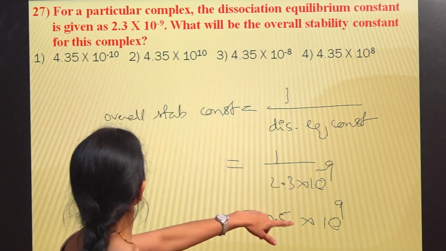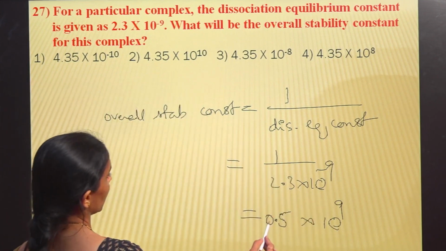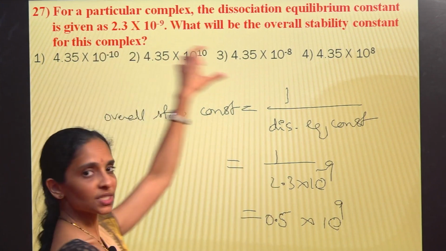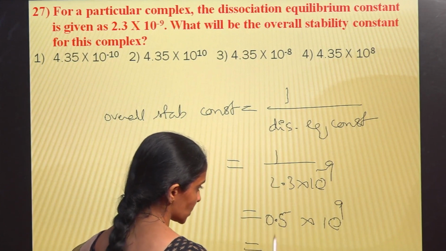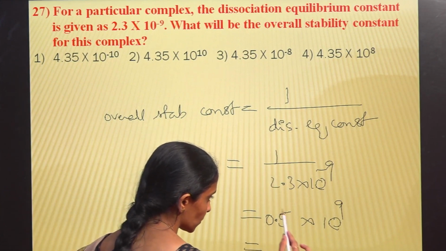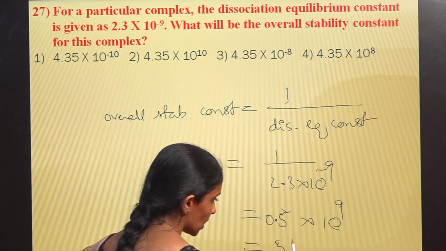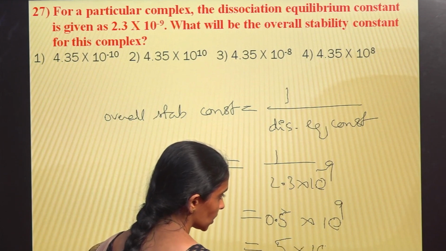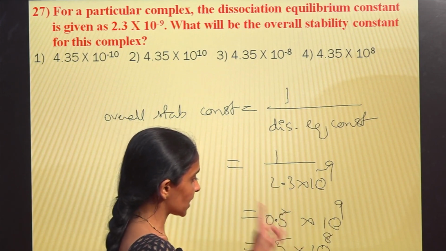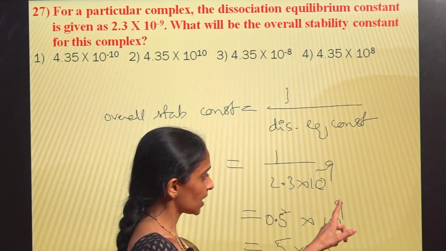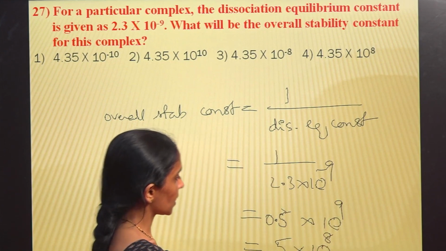0.5 into 10 power 9. Because the decimal point in the options is one place after, I'll do a similar rearrangement here. Shifting the decimal point one place forward, 5 into 10 power 9 becomes 10 power 8, since 9 minus 1 is 8.